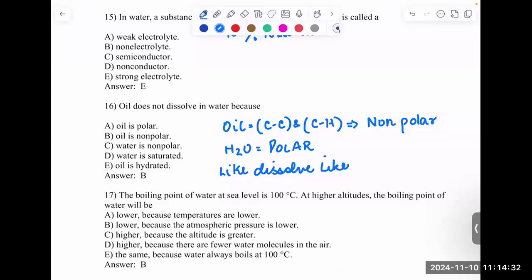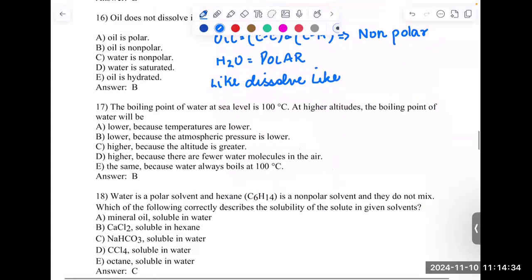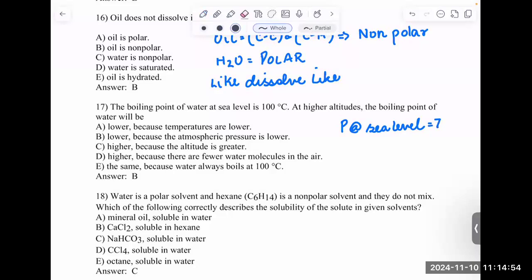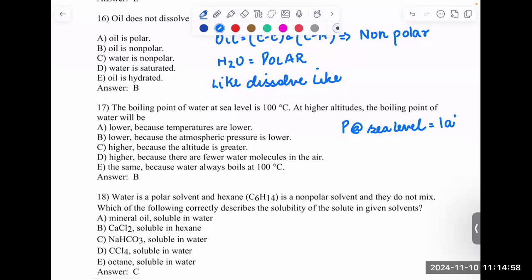Next is the boiling point of water at sea level. Remember, the pressure at sea level is about 760, sorry, or just put it here, 1 atm.